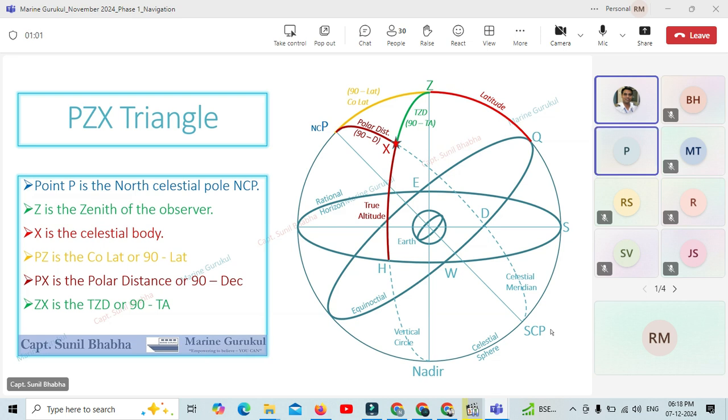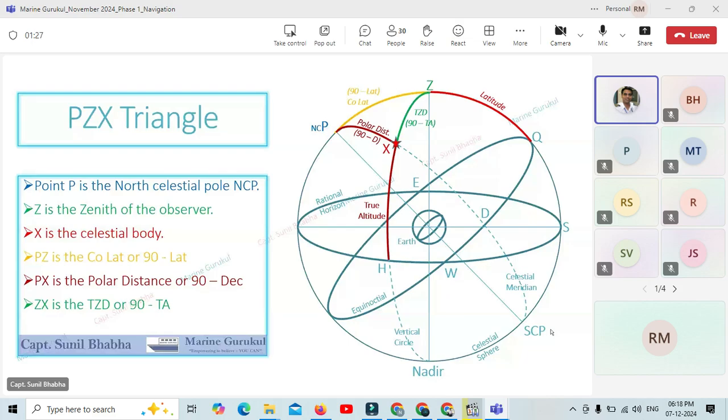Okay, beta. P to Q is 90 degrees. Q to Z is the latitude. So P to Z is 90 minus latitude, also known as the colatitude.